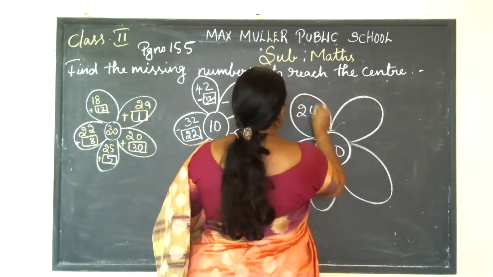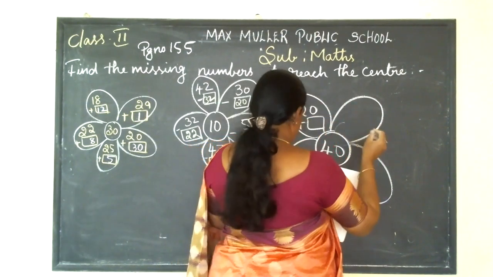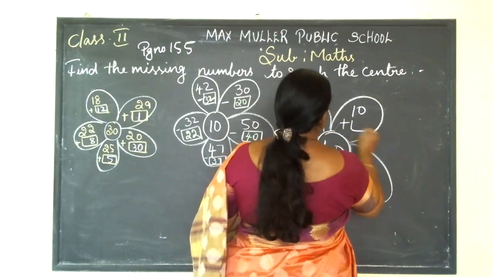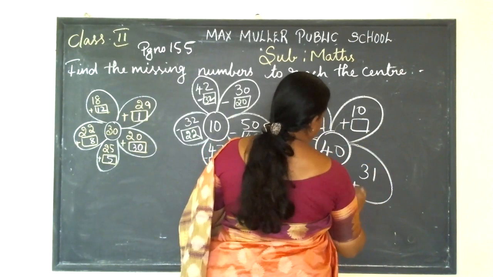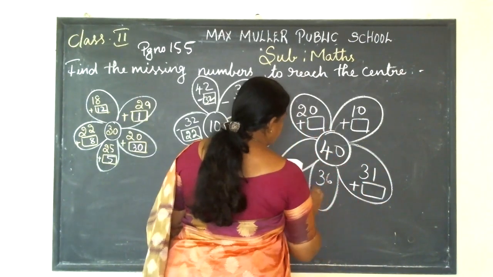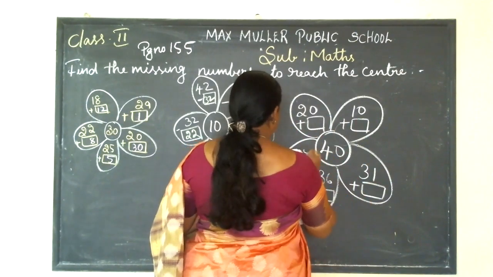Here 20 plus box. Here 10 plus, 31, 36, 35.